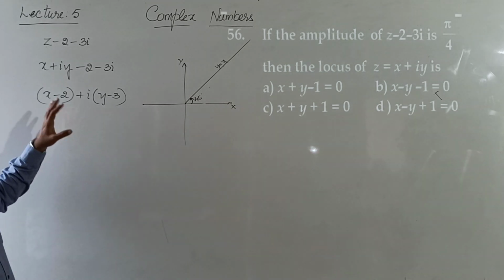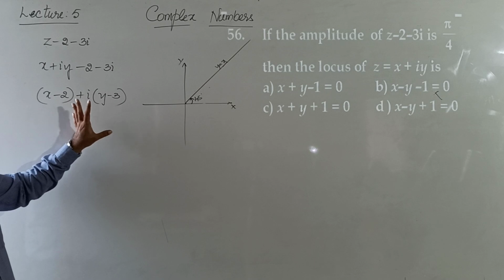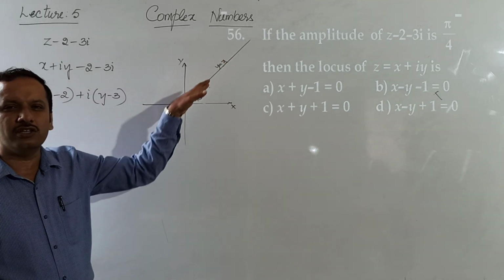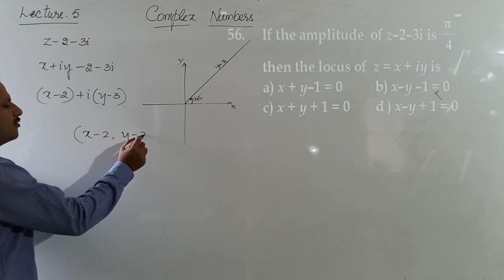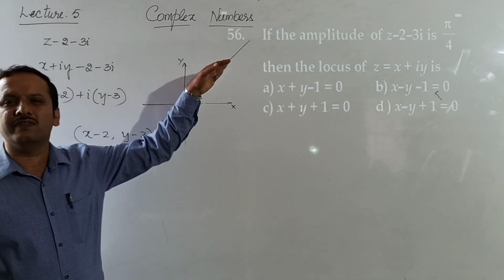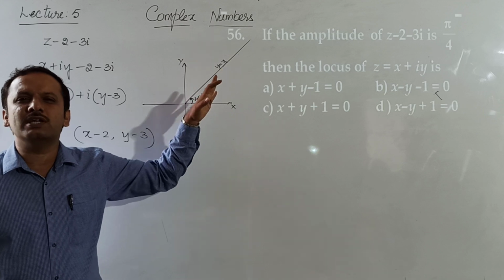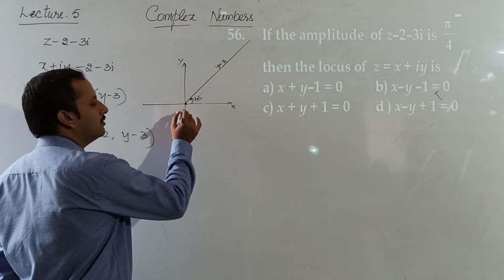So this x minus 2 plus i into y minus 3 should lie on this line, which means its point x minus 2, y minus 3 should lie on this. Just observe the points on this line: 0, 0, the origin.